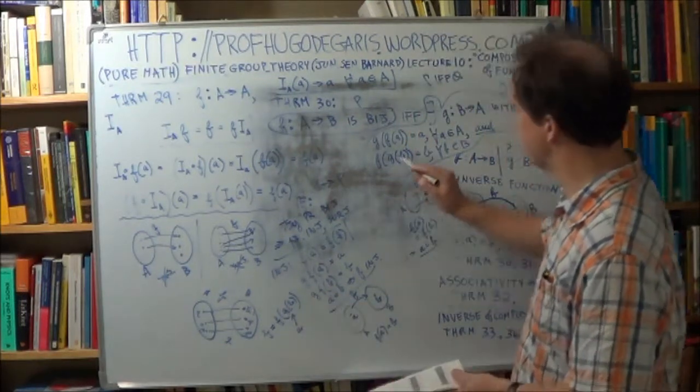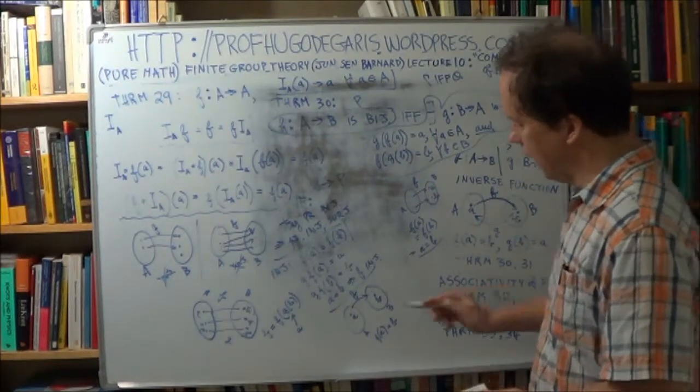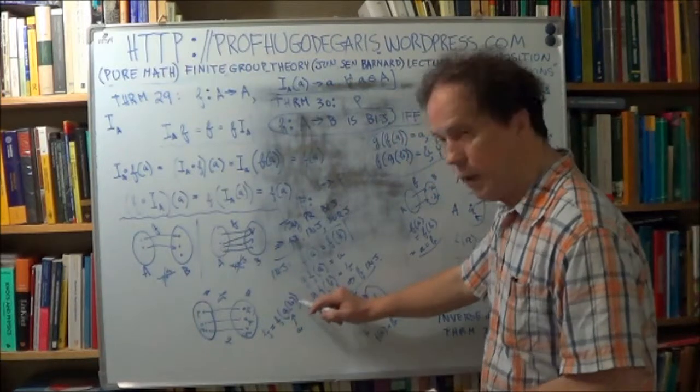F of G of B is B because it's given in statement Q. Here it is. F of G of B is B. So your element here that maps to B is this one, G of B.